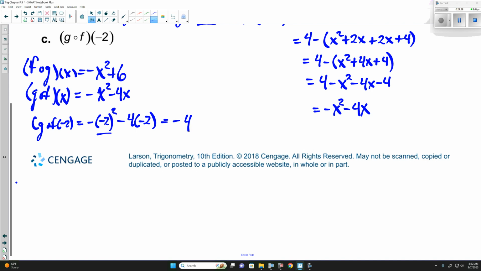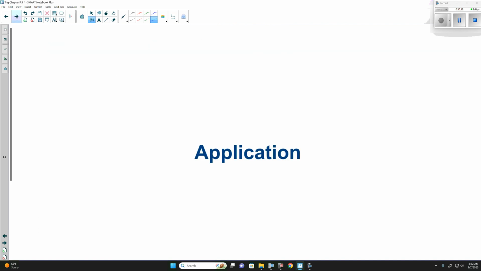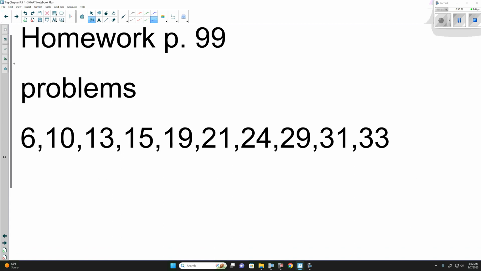But the negative in front would have made it negative 4. Negative 4 times negative 2 would have been positive 8, which gave us 4 also. So either way, we'd have gotten the same answer. Questions on any of this here? And that's it. That's all we're doing with this here.